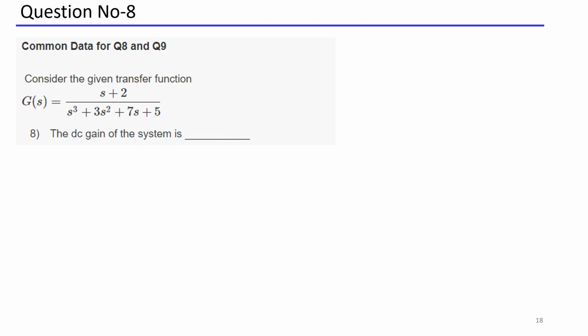Yes, sir. Okay. The answer should be, DC gain means you have to put S equal to 0. Then the answer should be 2 by 5, which is 0.4.